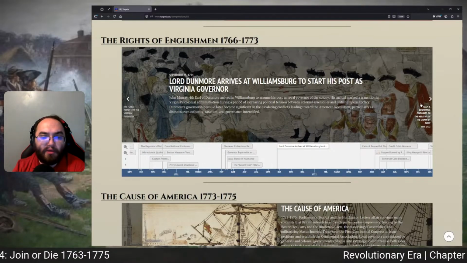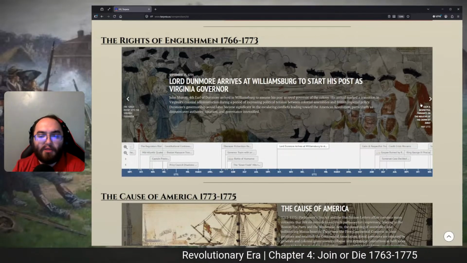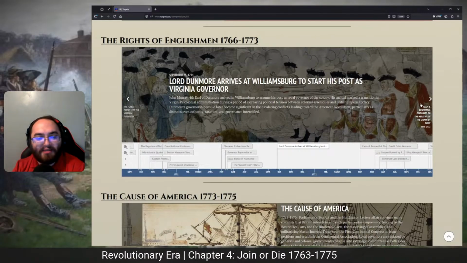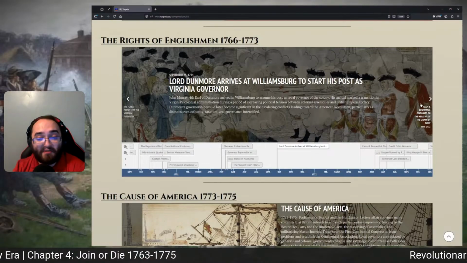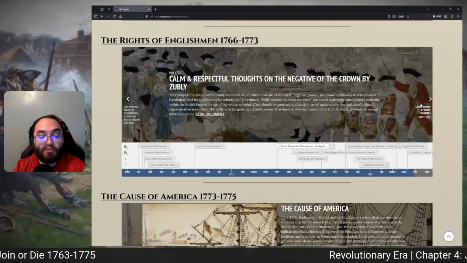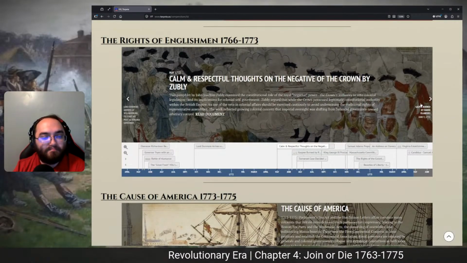Dunmore's governorship would later become significant in the escalating conflicts leading toward the American Revolution, particularly as disputes over authority, taxation, and governance intensified. So Lord Dunmore is going to be a very important person for the American Revolution.